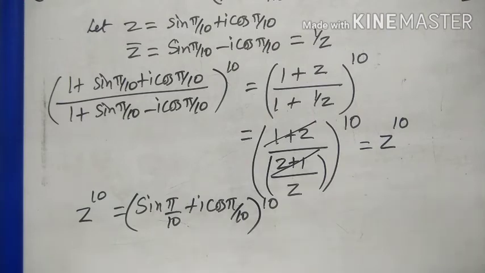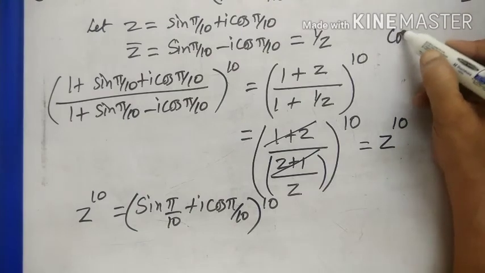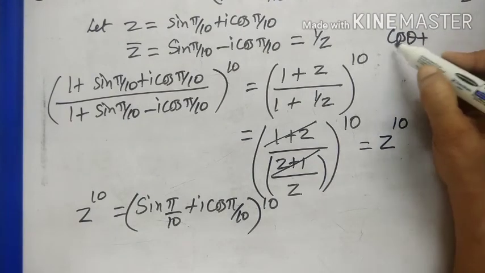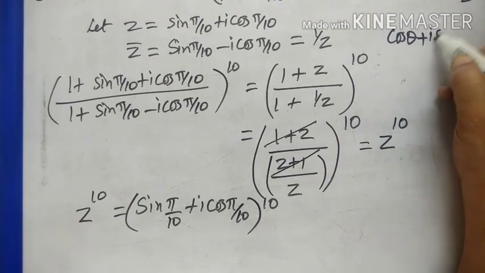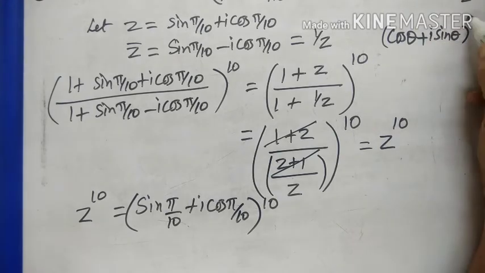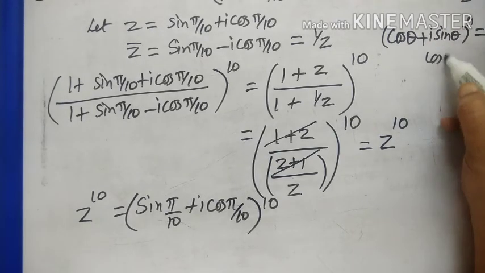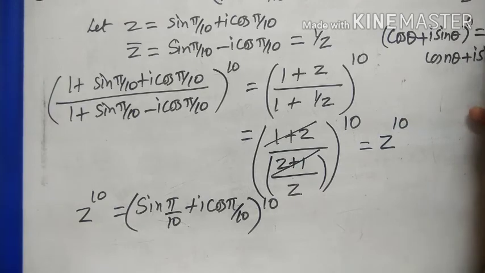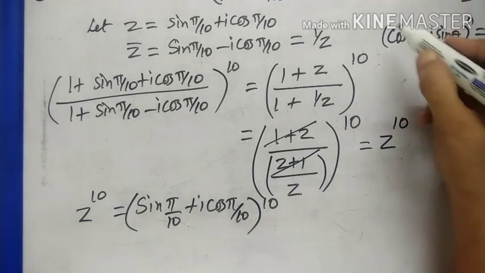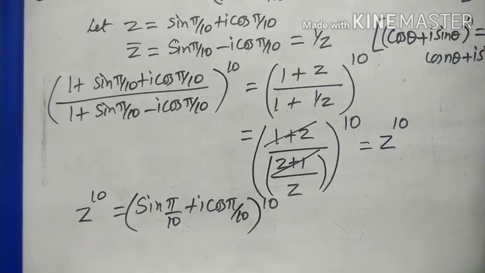Many of us may think yes, but the answer is no. De Moivre's theorem is applicable only for cos plus i sin. Whenever it is cos plus i sin, I can bring the power near: cos n theta plus i sin n theta. So that is de Moivre's theorem.